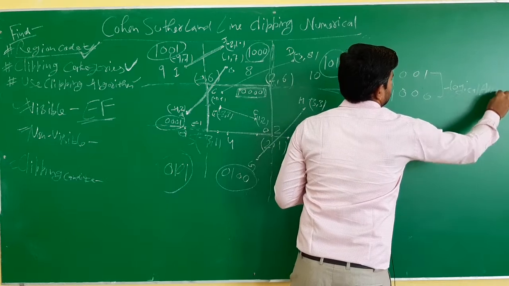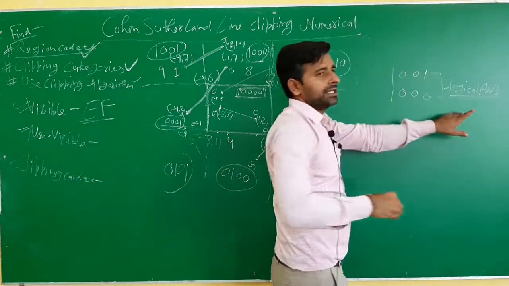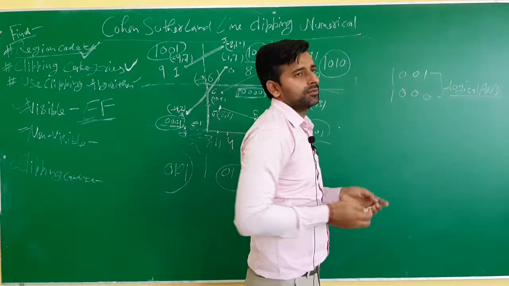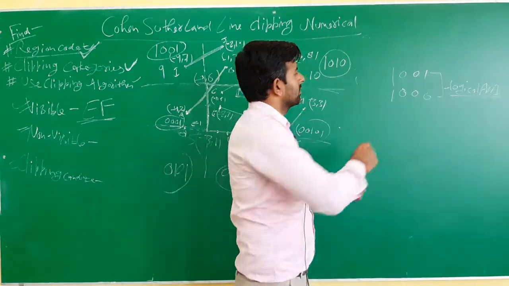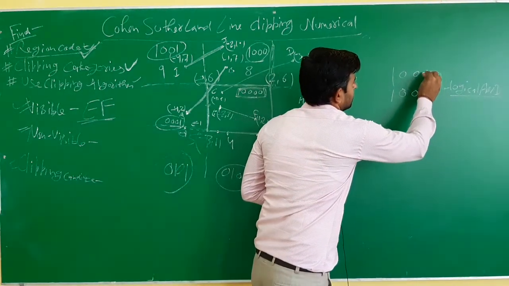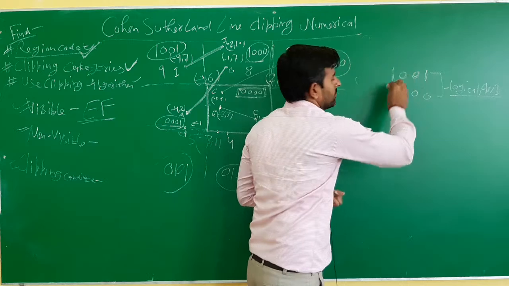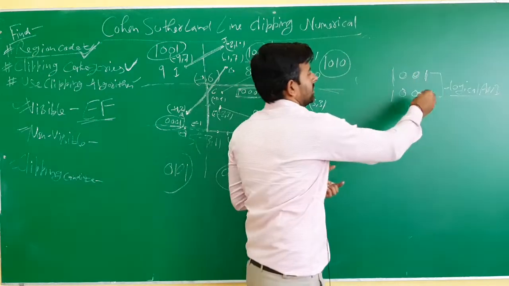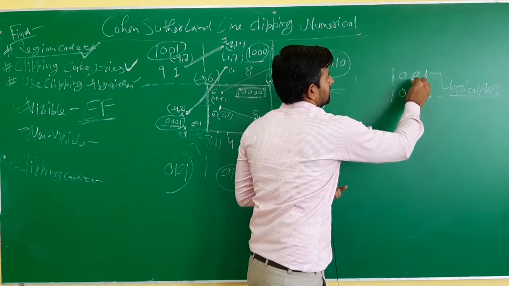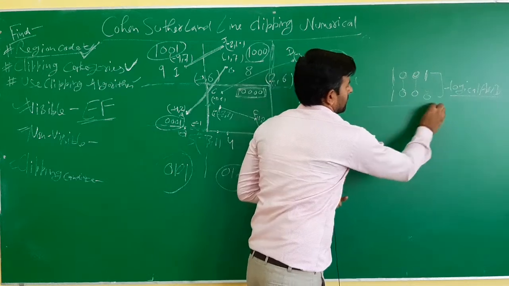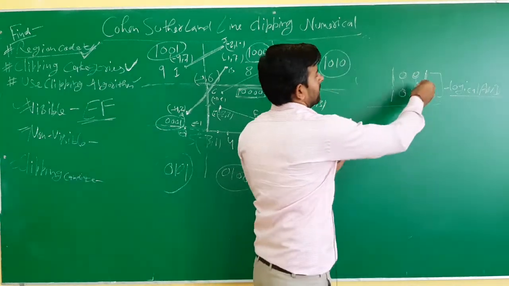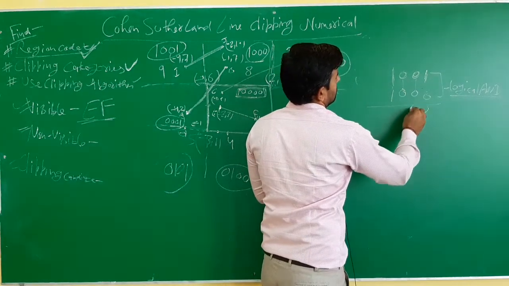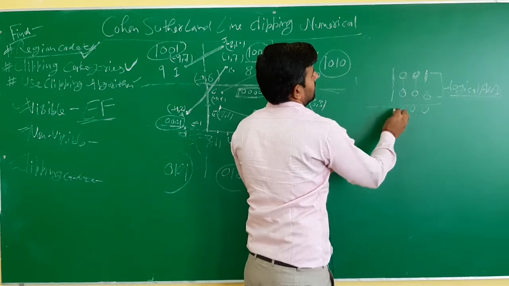Logical AND means we have to multiply these region codes bitwise. This bit with this bit, like this. Perform this: 1 0 0 0, and 1 into 1 equals 1.